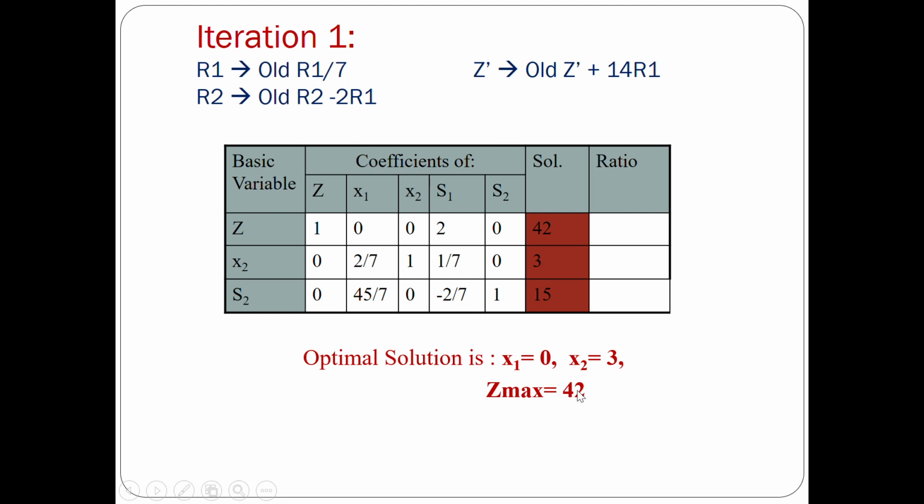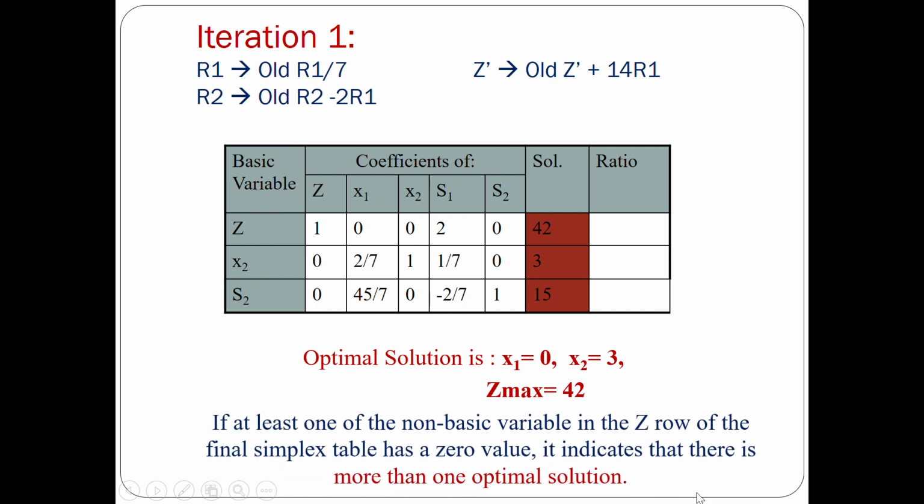And here comes a very interesting fact: if there is any 0 value for the non-basic variable, or the decision variable, in the z function row, it is an indication that there will be more than one optimal solution.